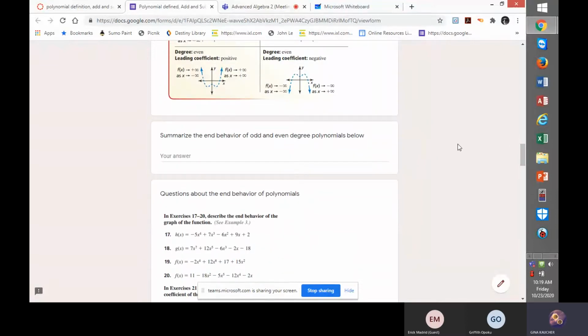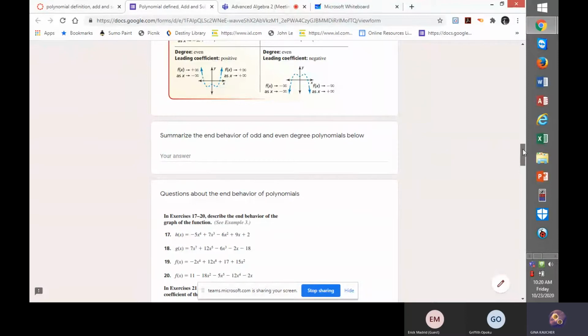And then if your leading coefficient is positive, like positive 5 x squared, we always did quadratics open up and down. The arrows point the same way. If your leading coefficient is positive, it opens up and your degree is even, like 2, 4, 6, 8. If your degree is even but the leading coefficient has a negative sign, then they both point down as far as the ends go.